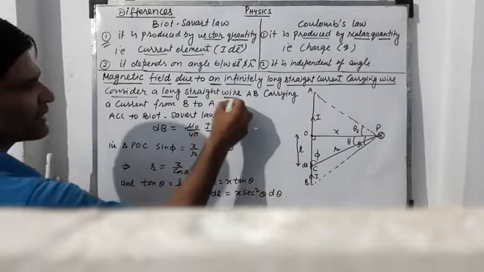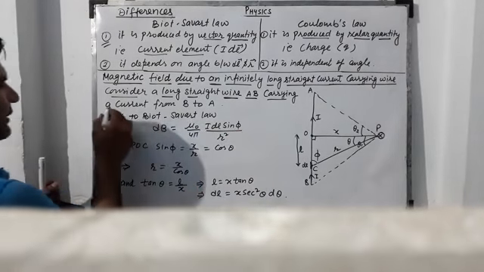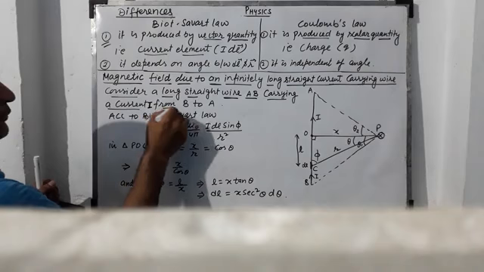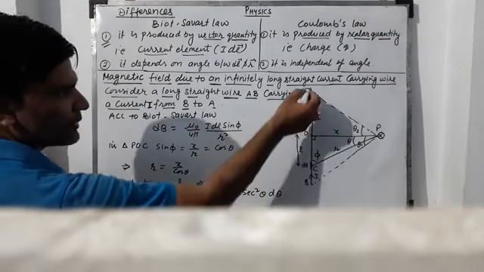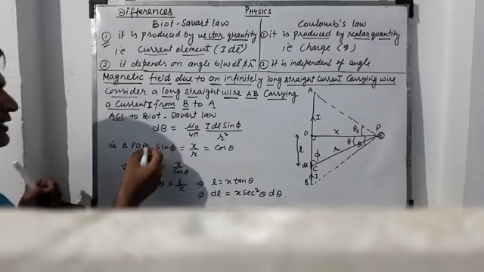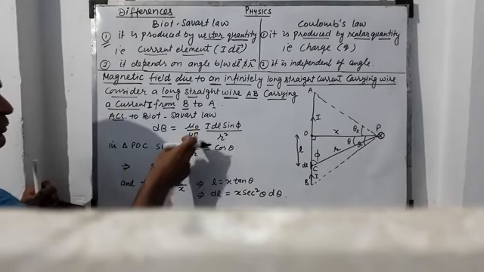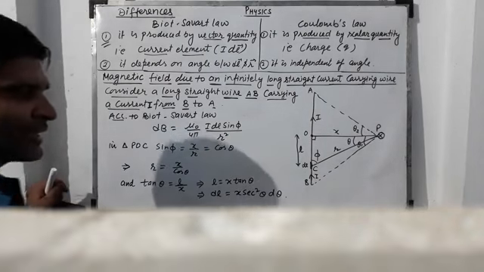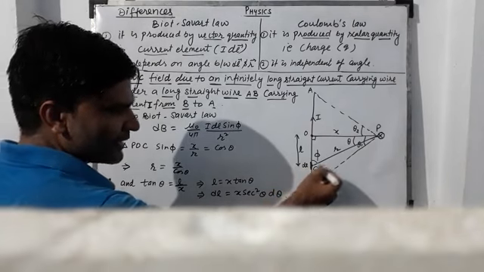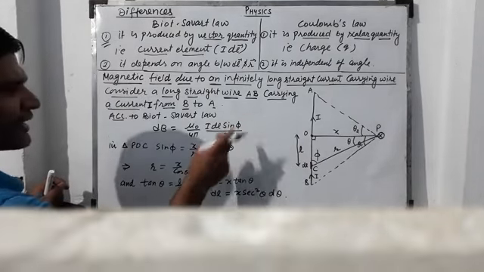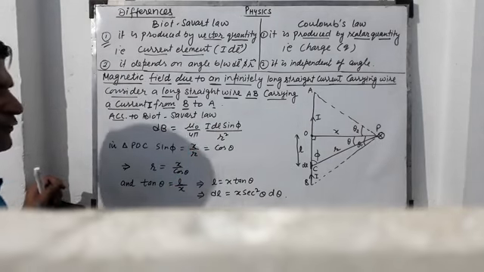Consider a long straight wire AB carrying a current I, from B to A. According to Biot-Savart law, we have dB is equal to mu naught upon 4 pi i dl sin phi upon r square. Then sin phi, the angle between current element and position vector of P is phi. So we take sin phi.